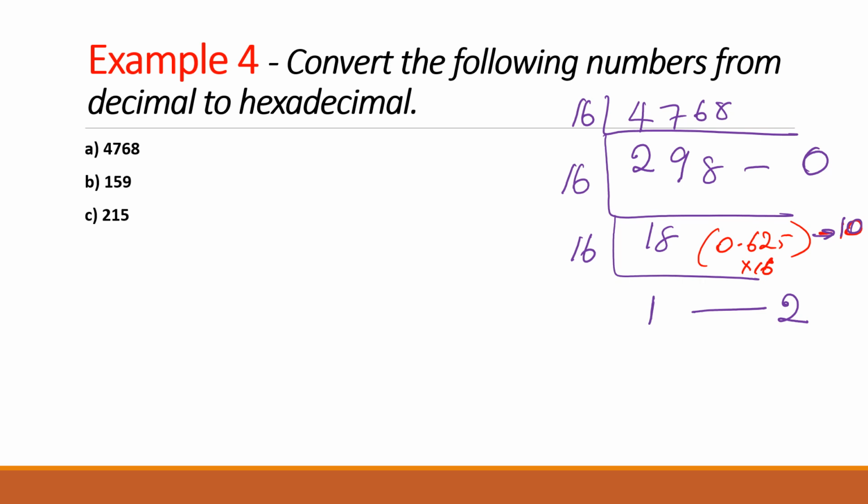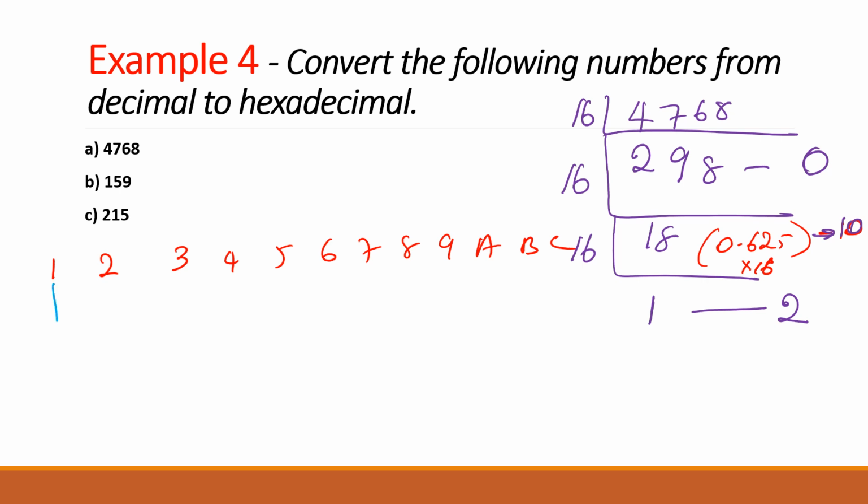Now this 10, so in the hexadecimal, what are the symbols in the hexadecimal? You have 1, 2, 3, 4, 5, 6, 7, 8, 9, A, B, C, like that, isn't it?